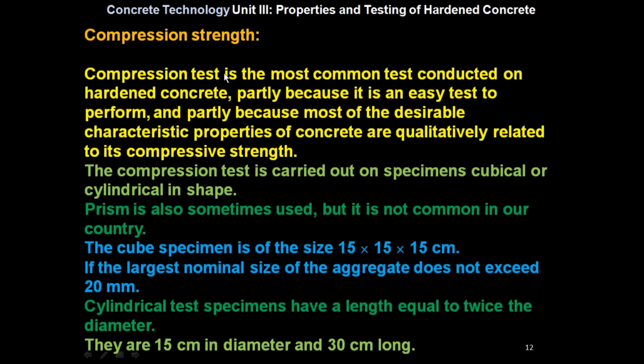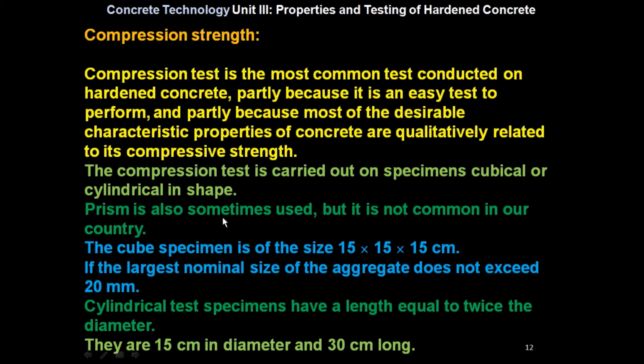The compression test is the most common test conducted on hardened concrete, partly because it is an easy test to perform and partly because most of the desirable characteristic properties of concrete are qualitatively related to its compressive strength. The compression test is carried out on specimens cubical or cylindrical in shape.